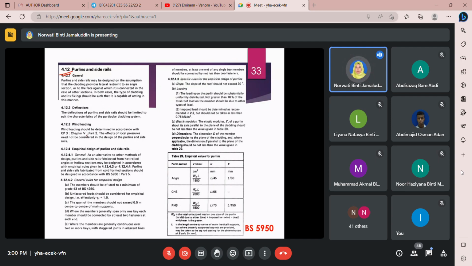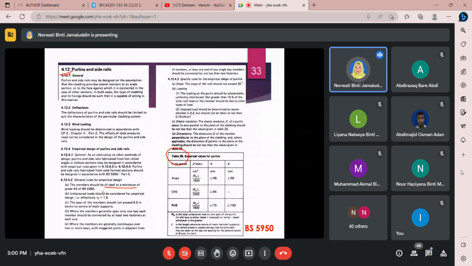Okay, then you can read, this is the general rule. The minimum grade for steel that you need to fulfill before you use this table 29, not 27, table 29.